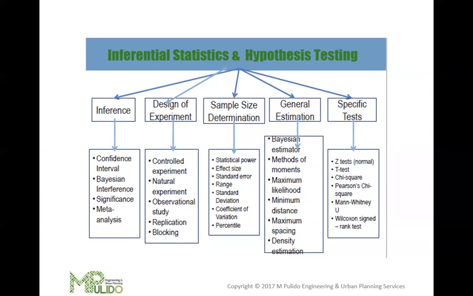The key components include inference, design of experiment, sample size determination, general estimation, and specific tests. Under inference, it involves using sample data to make generalizations about a population.